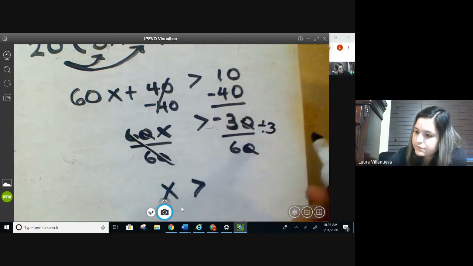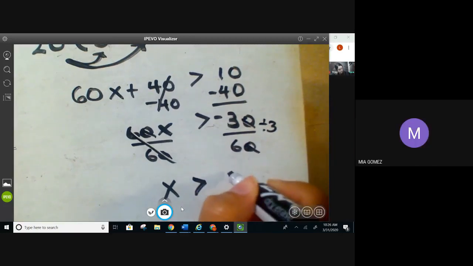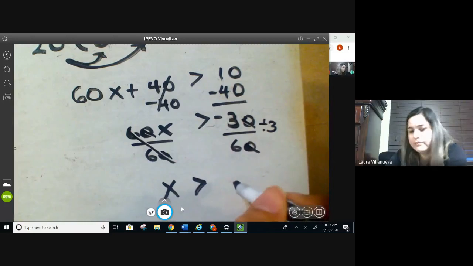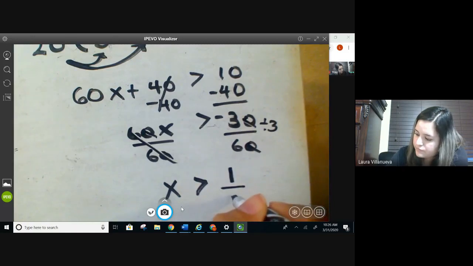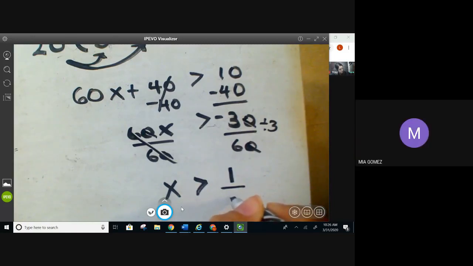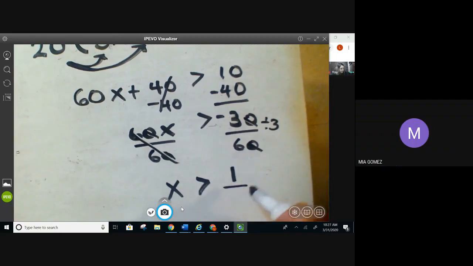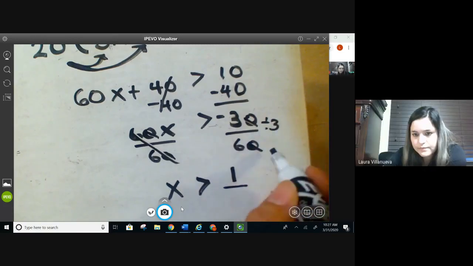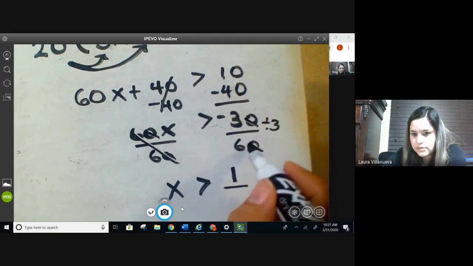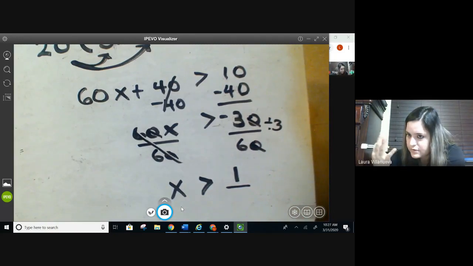So it's going to be greater than negative 3 over 6, which is actually what? You can divide both of them by 3. So 3 divided by 3 is 1. 6 divided by 3 is 2.